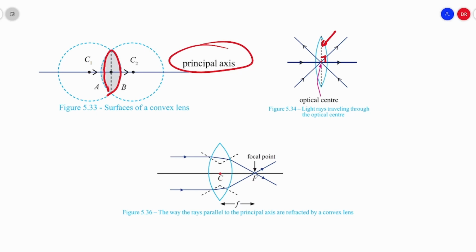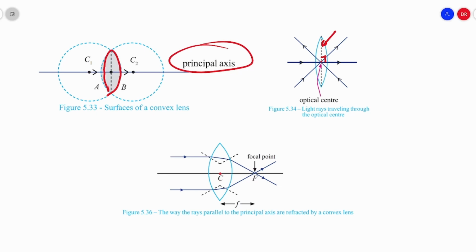Figure 5.36 shows the way rays parallel to the principal axis are refracted by a convex lens. I told you today we are going to discuss convex lenses. You can see this is the center of curvature, the center of the circle, and you can see the purple or blue lines, two lines coming parallel to the principal axis, and they come together, crossing at the point F. This point is known as the focal point.